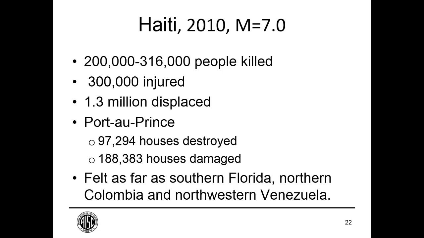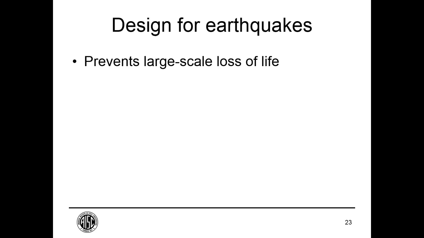So none of this seems acceptable. As structural engineers, we have training, we have ability, and we are well positioned to mitigate a lot of this through proper structural design for seismic loads. So we would like to prevent large-scale loss of life.